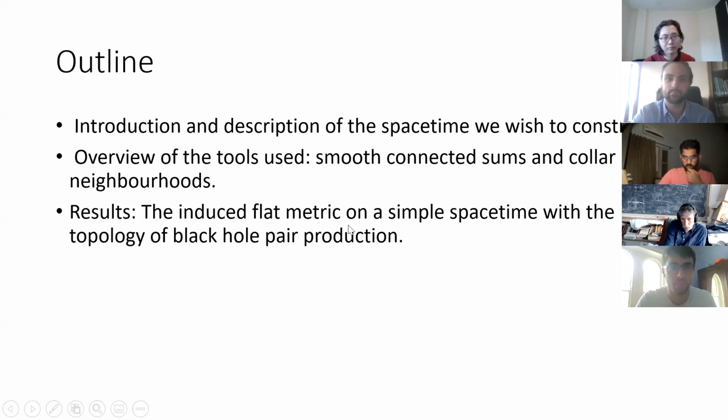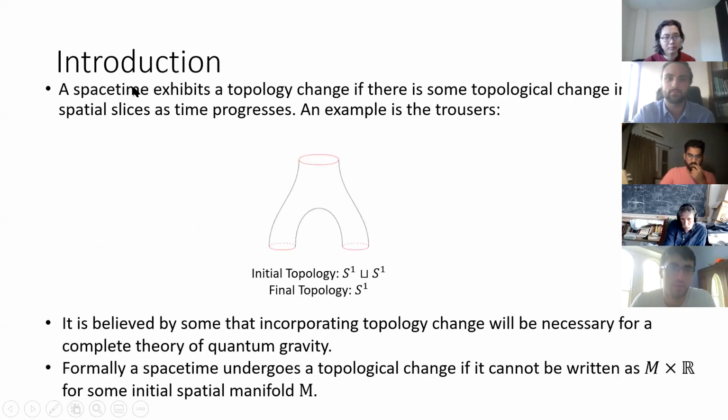A space-time topology change is something that happens when there's a topological change in the spatial slices of the topology as time progresses. You see in the diagram here the trousers topology, which is the classic example.